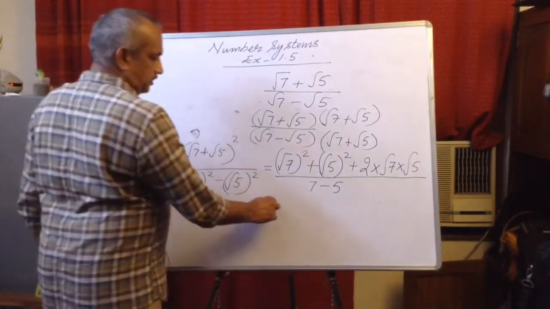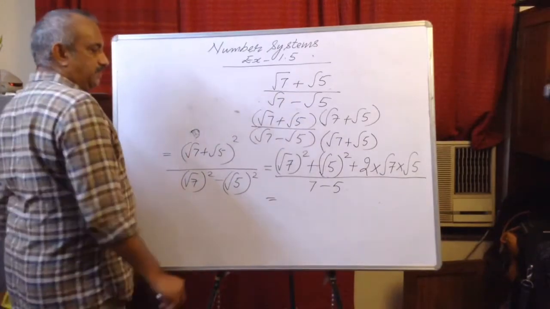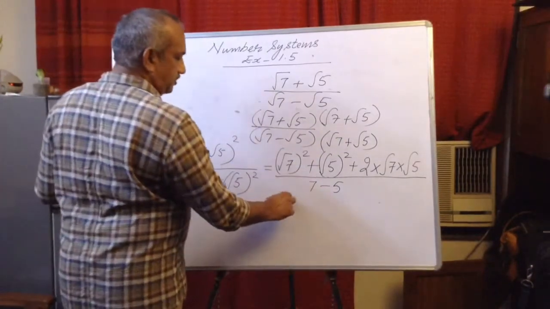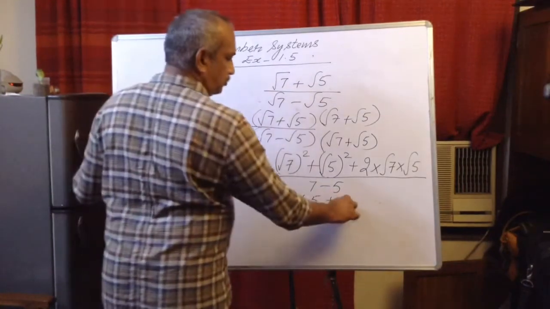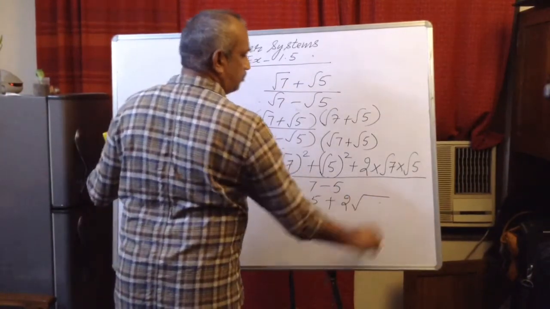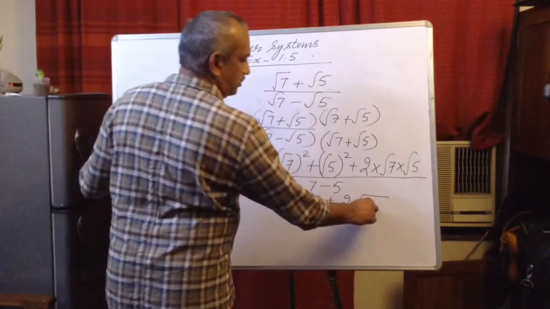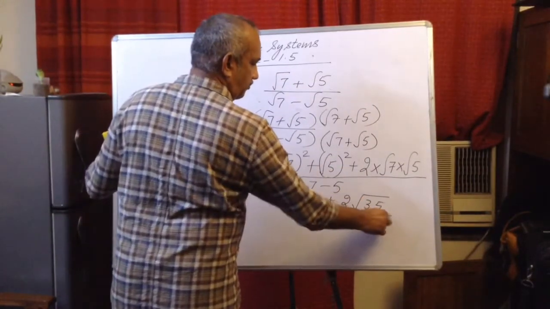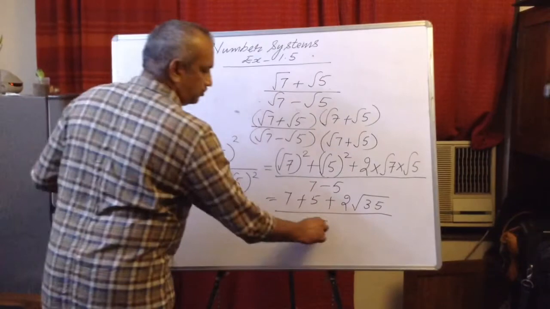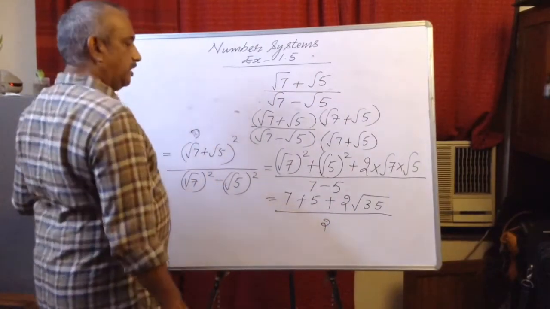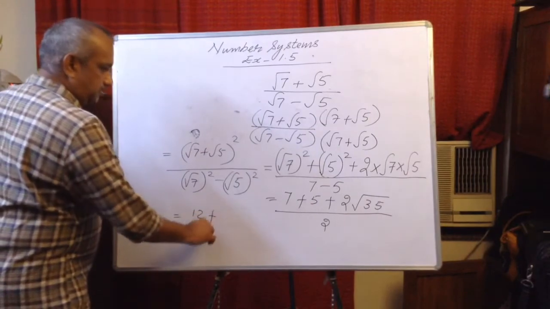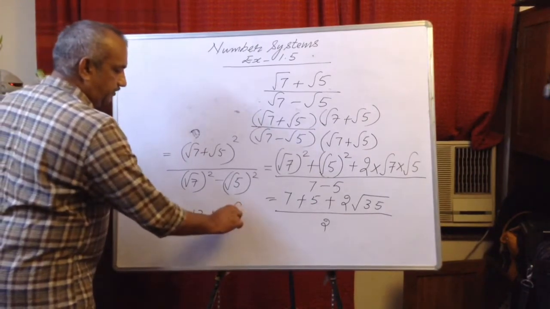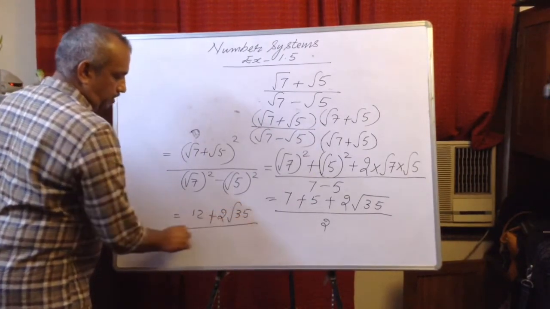Now next step, if you can simplify, root 7 square is 7, plus 5, plus 2. Now same root, so you can multiply the numbers, root 35 upon 2. Again this is equal to 12 plus 2 root 35 upon 2.